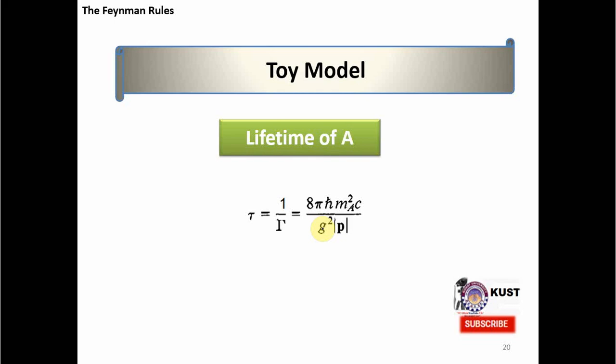So in today's lecture we have developed a very important concept of Feynman calculus with the help of a toy model, and you have seen all these six rules. So first you have to think about what the strategy is, or what you can say is the flow chart or recipe to do these calculations.